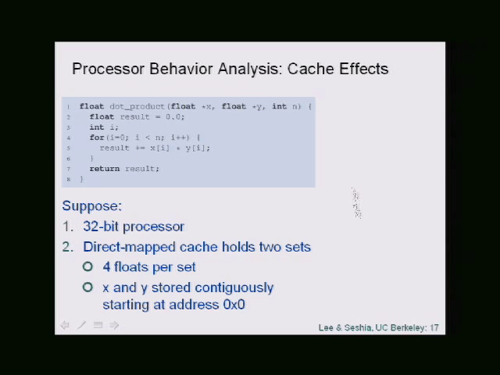Each time you access x[i] and y[i], you're making an access to memory, but you have a cache, and the cache is direct mapped. Right? So anybody remember what direct mapped caches are? Yeah, Dosa?